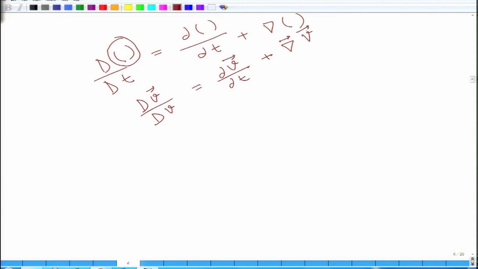In the Cartesian notation, V bar can be represented as Ui, Vj and Wk, where U, V and W in the Cartesian coordinate system are the velocity components in the three respective directions.